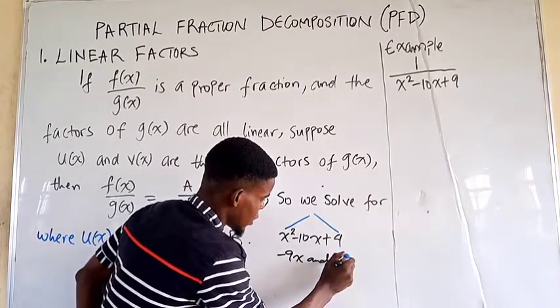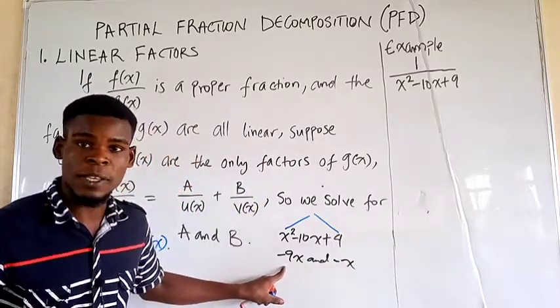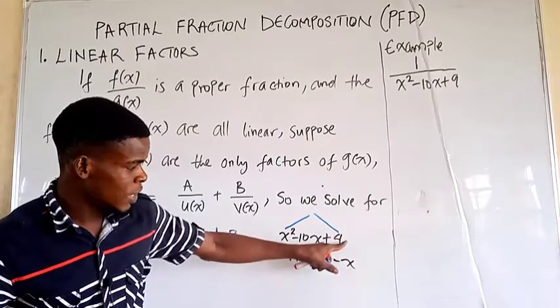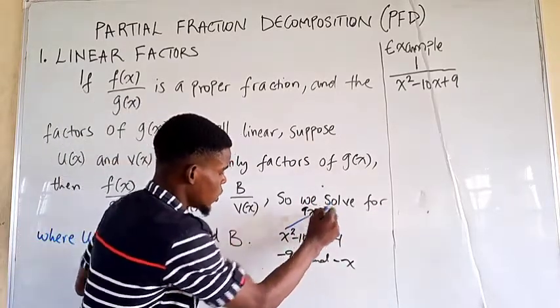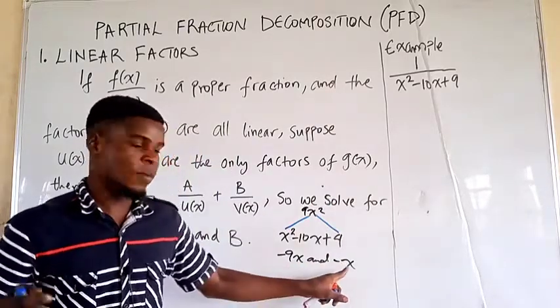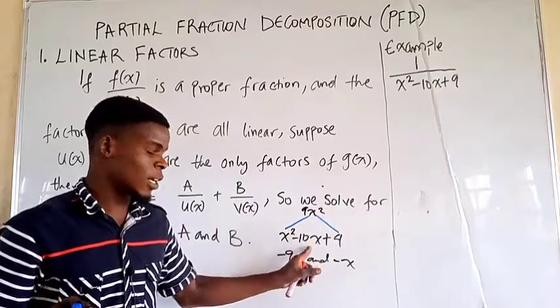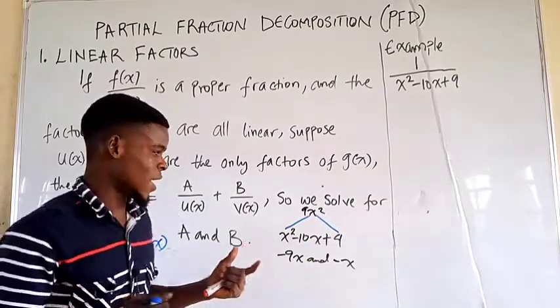If you multiply these two together, negative times negative will give us positive, 9x times x will give us 9x squared, which is the product of this and this. Then negative 9x plus negative x, that is negative 9x minus x, that is just negative 10x. So I'm just reminding you how to do your factorization method.